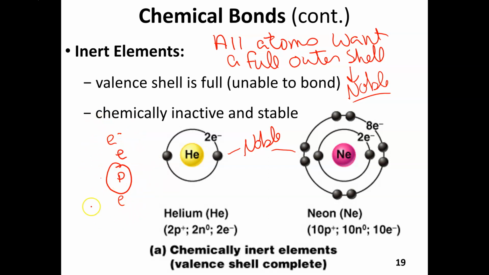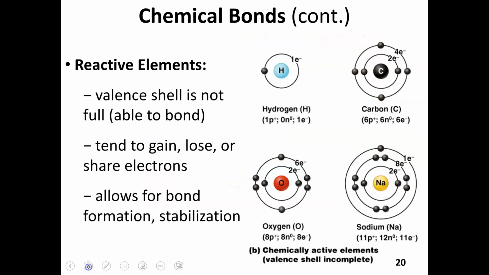If you have a third orbital and you have, say, 4 electrons in it, then you want 4 more, or you want to get rid of all 4. That's how atoms work. They want to have a full outer shell. So atoms will enter into chemical reactions with other atoms so that they have that outer valence shell full.